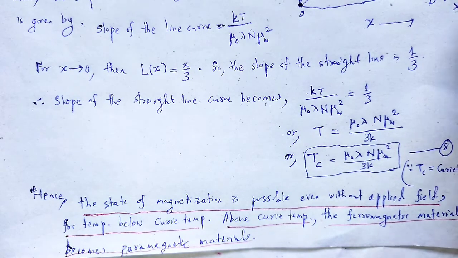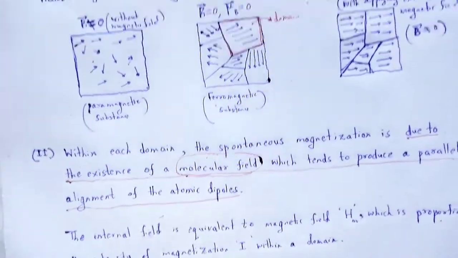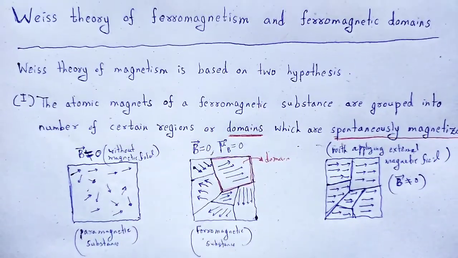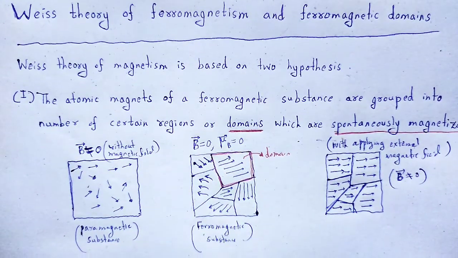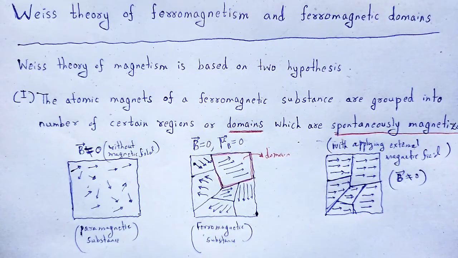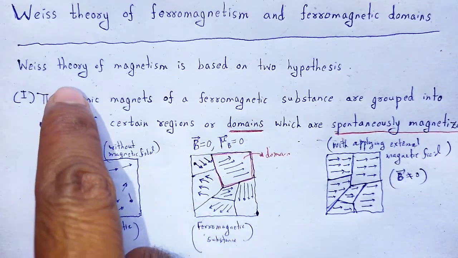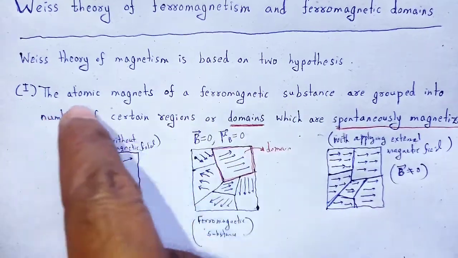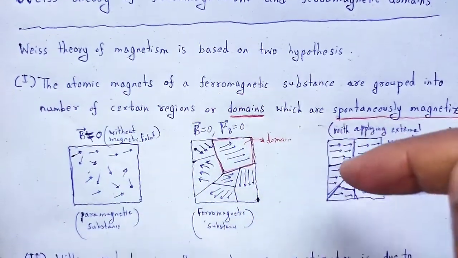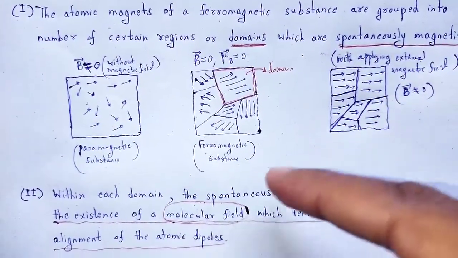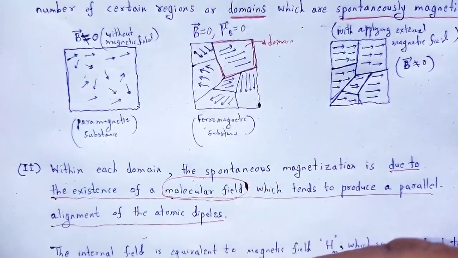So, with the help of this video lecture we understand the concept of Weiss's theory of ferromagnetism and the idea of ferromagnetic domains. Weiss's theory is based upon two hypotheses, one on domains, another the idea of spontaneous magnetization.